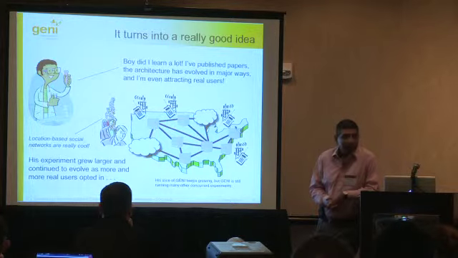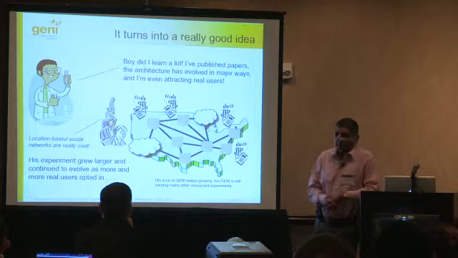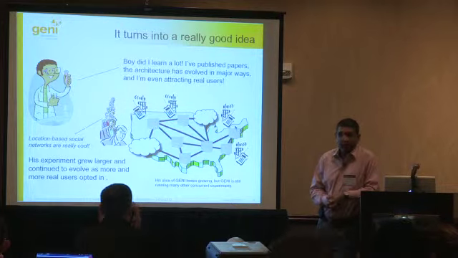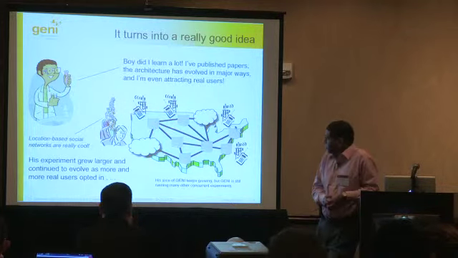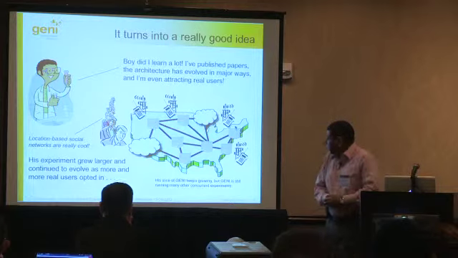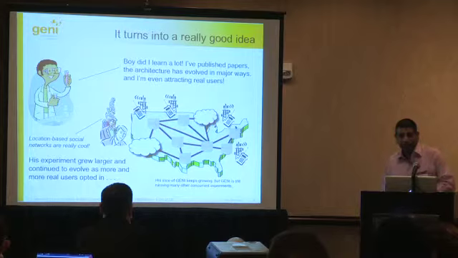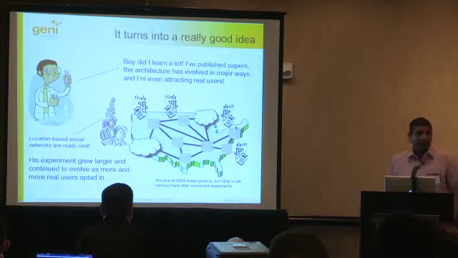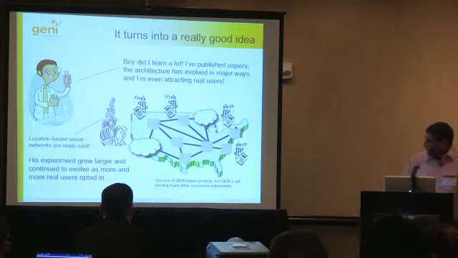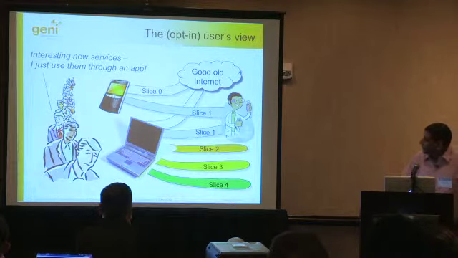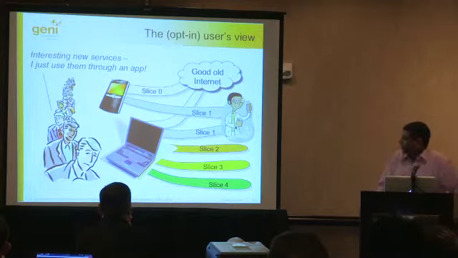As more people start using his experimental service, he gets more resources from GENI, perhaps more network resources, more compute resources, more base stations. And he learns a lot. He publishes papers based on real experience with real users.